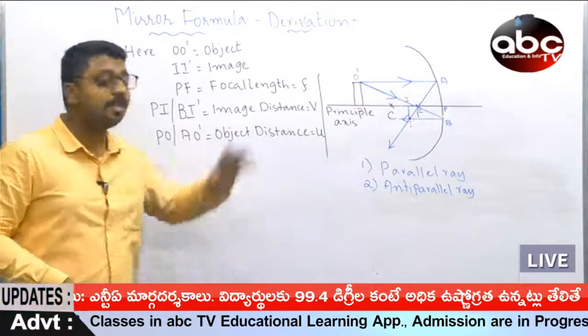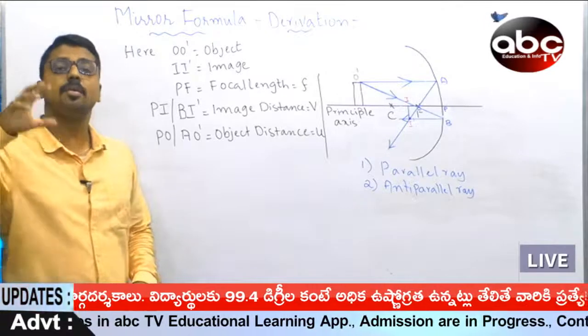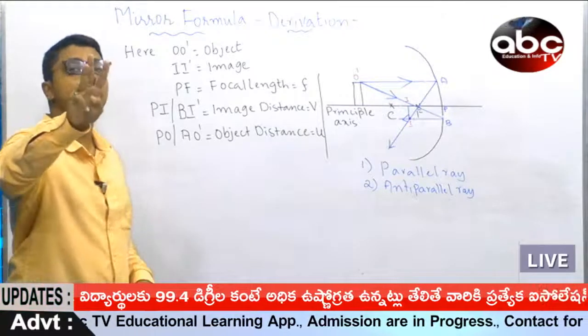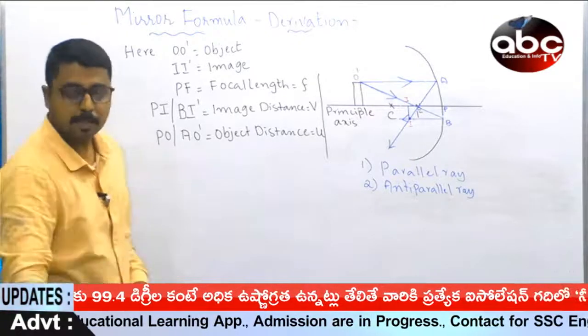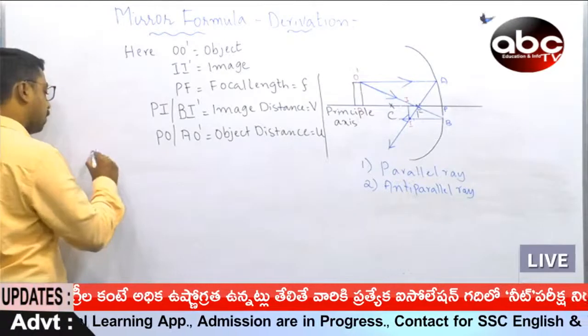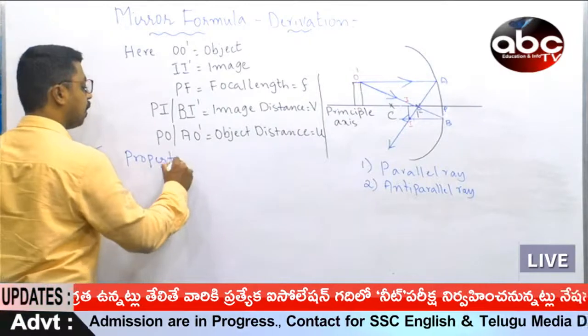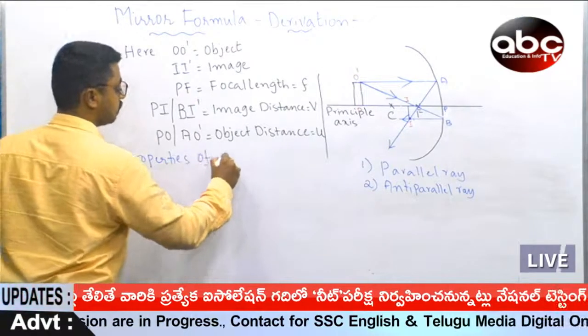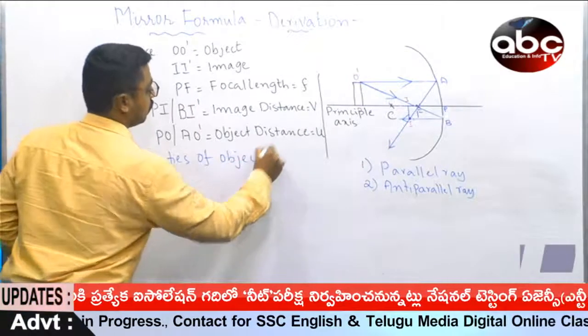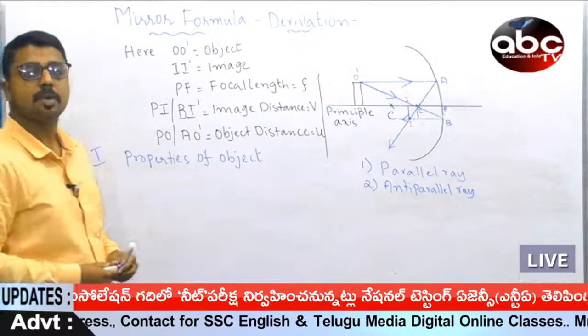So from the diagram, we have to derive in a 3-step strategy. First step is that we have to observe the properties of the object.